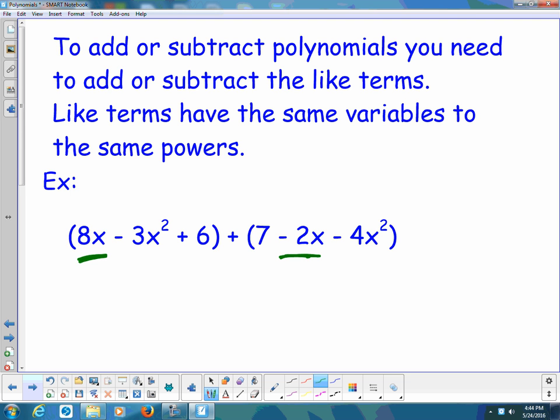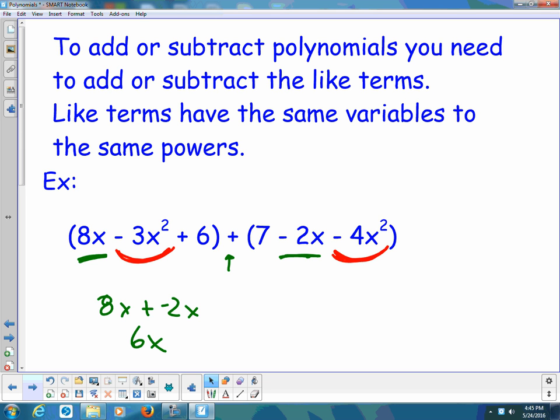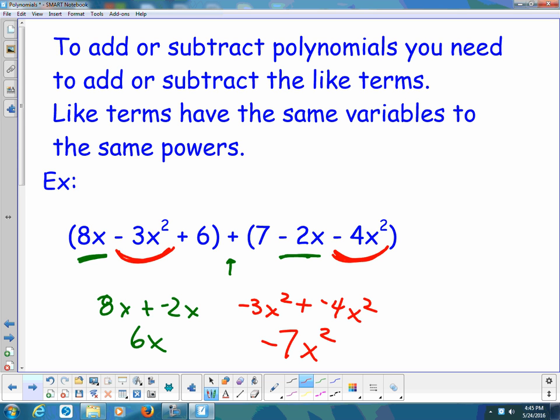Yes, I've got a negative 2x, and I'm adding, so I need to do 8x plus a negative 2x, which would give me 6x. All right, what about x squared? I see an x squared term here and I see an x squared term here, and again I'm adding, so I'm going to take a negative 3x squared plus a negative 4x squared, which would be a negative 7x squared.